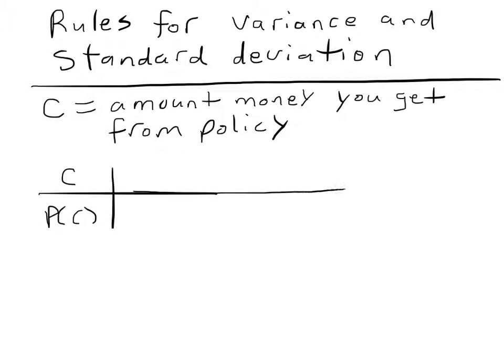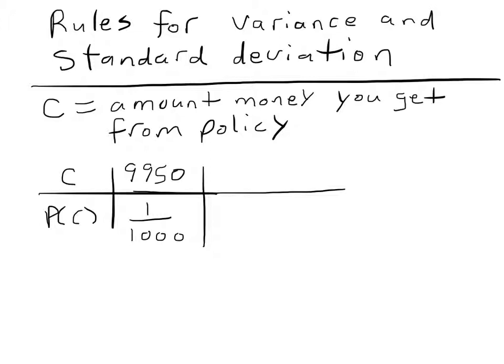So there's a 1 out of 1,000 chance that a person dies, and they're going to get $10,000, but they paid $50 for the policy, so they're only going to get $9,950. So I'm subtracting out the $50 that they paid for the policy.